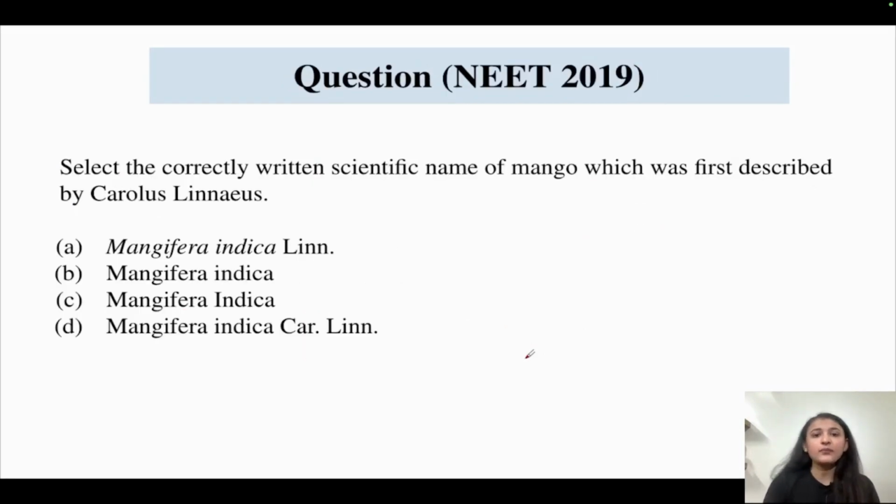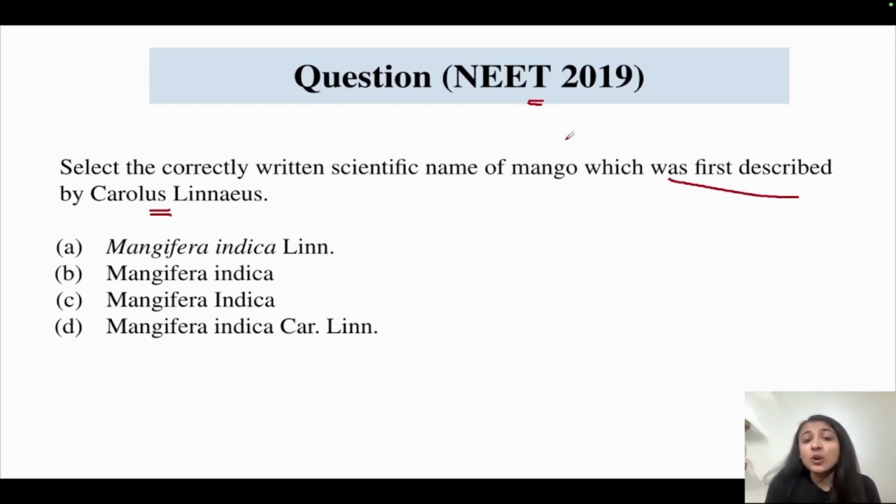Now let us solve a NEET previous year question from 2019. We have to select the correctly written scientific name of mango, which was first described by Carolus Linnaeus.